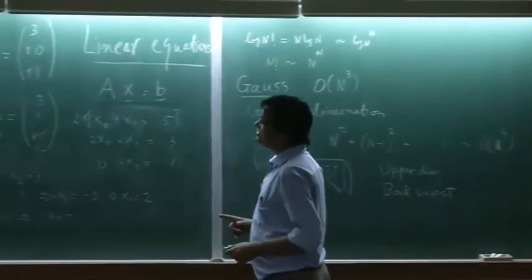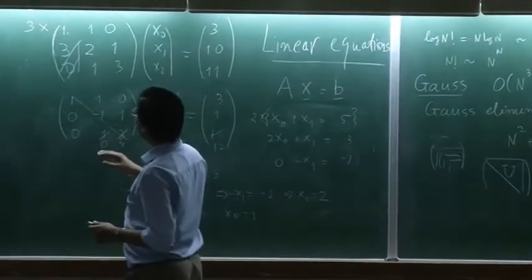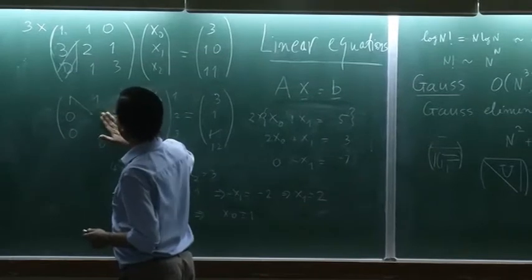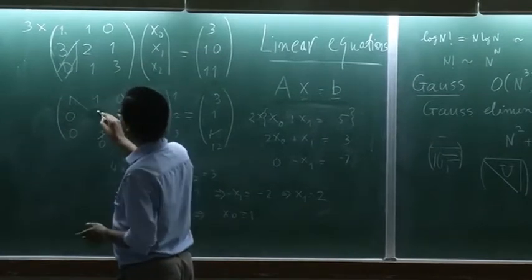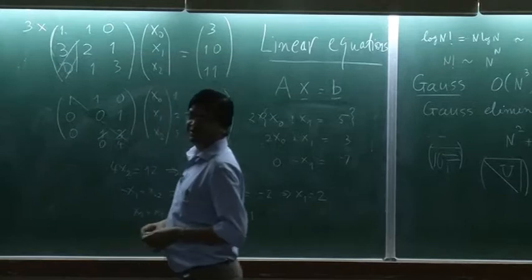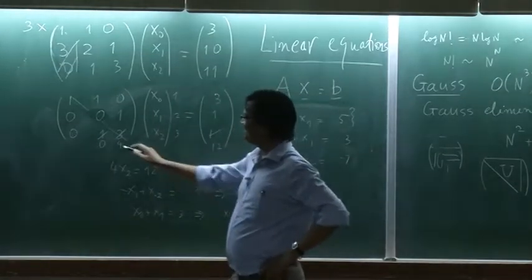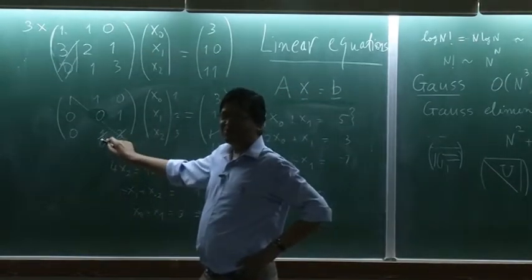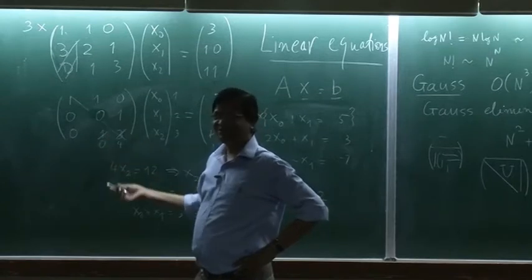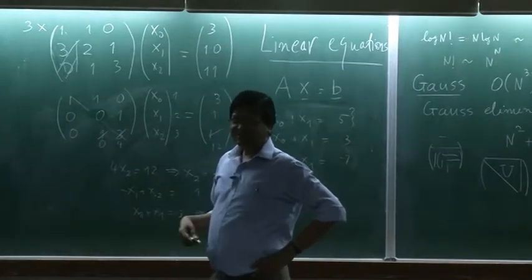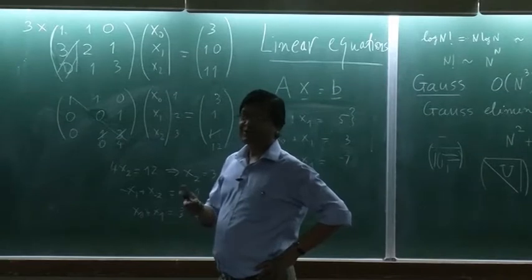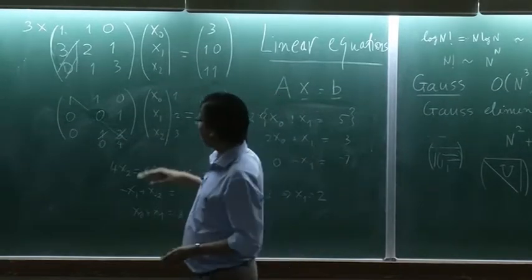There is only one catch. Sometimes I may get this entry to be 0. It's possible. Now then I can't eliminate this, right? Because 0 multiplied by any number is 0. So what is done is you do some swapping. So this equation is same as this equation.